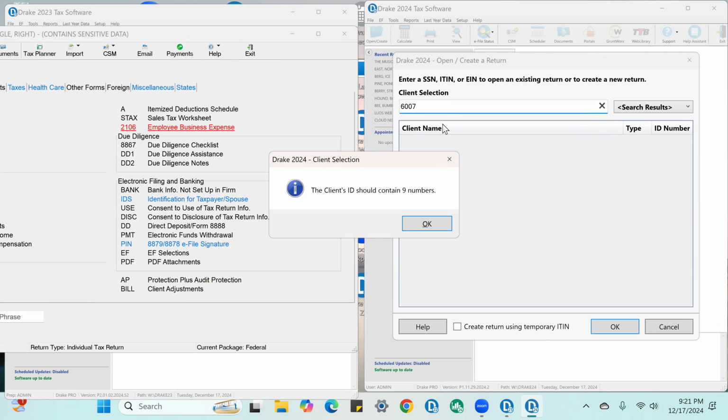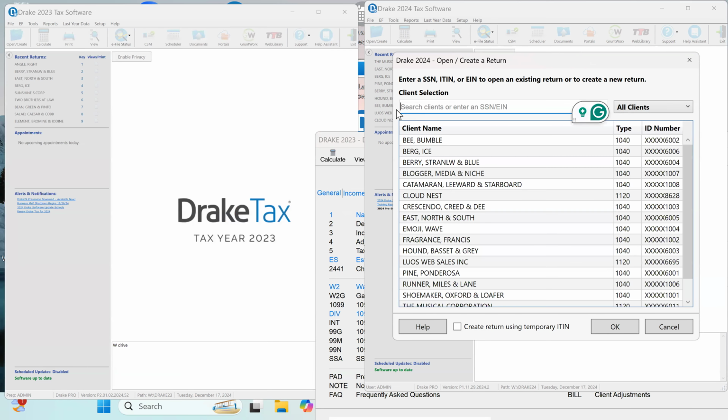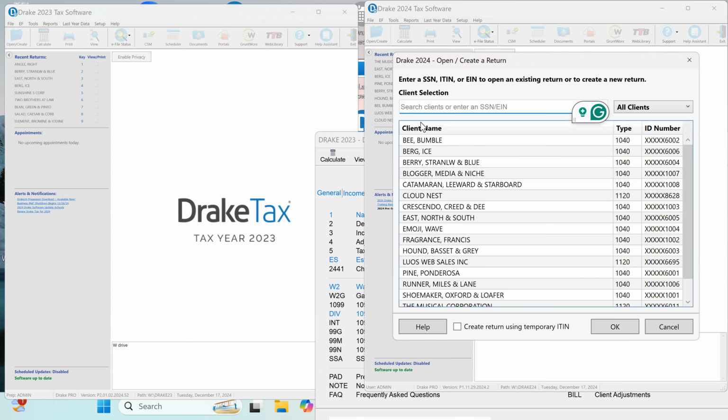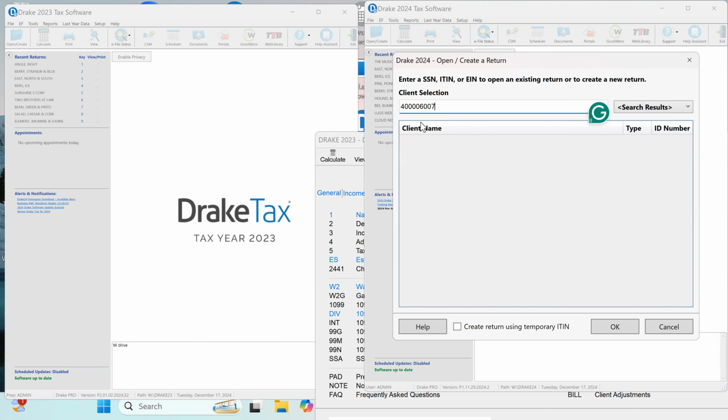Oh, I have to put all the numbers in. Well, all the numbers are right there. You see it? It's 4 followed by 40, right? 4 by 40 and 6007. 4, 1, 2, 3, 4, 6007.